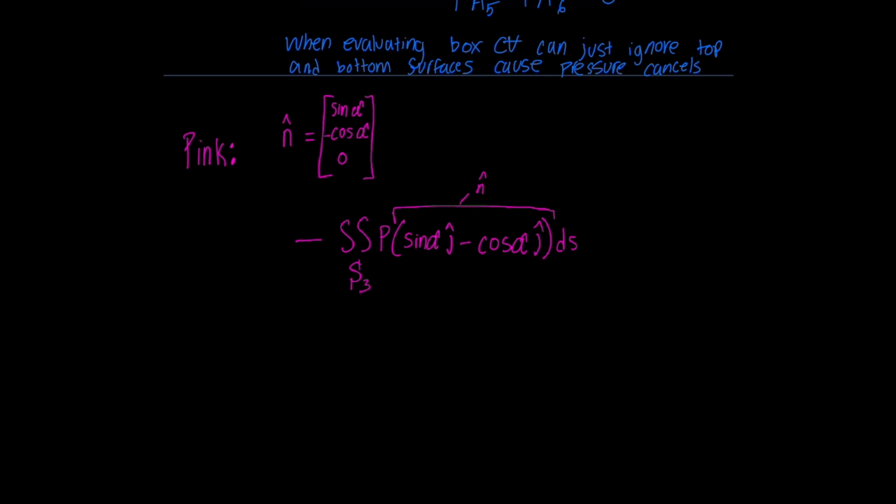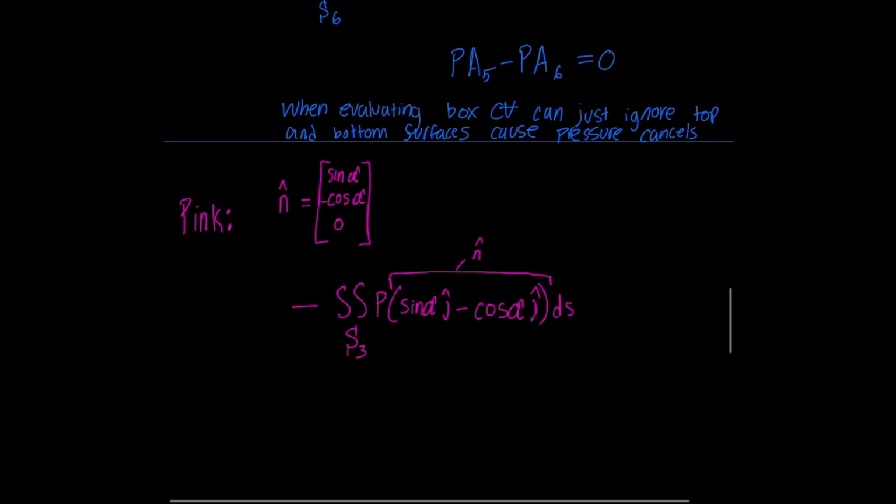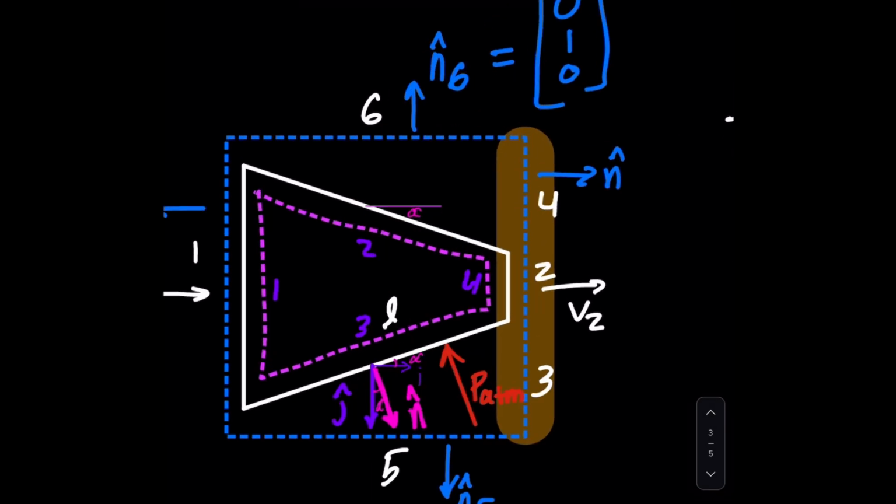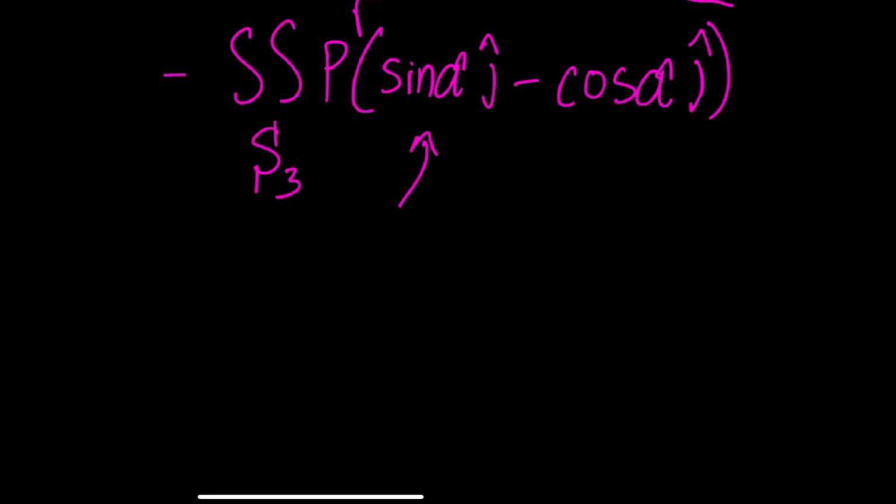And when you look at the top and bottom, well, let's just look at the bottom for now. So if we look at the bottom, we've got the x component. Okay, we're looking at the top. So the top and the bottom cancel in the y direction.